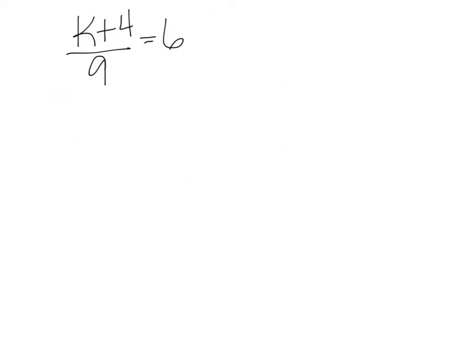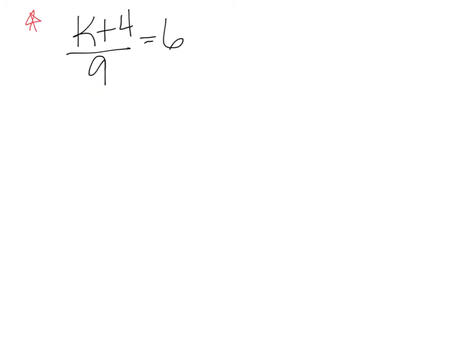Okay, this is our last one, and I want you to put a star next to this one because this one's important because it's a little different than the other ones. The other ones we were always using multiplication, or we were using inverse, and we were always looking for adding and subtracting first. Now the way that this is written, it says k plus 4 divided by 9 equals 6. That means that this whole top is divided by 9.